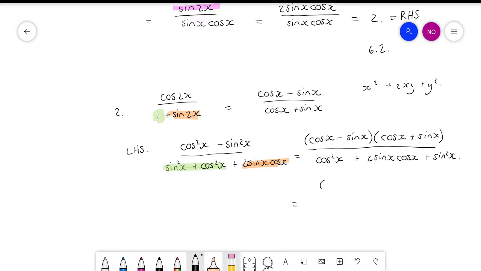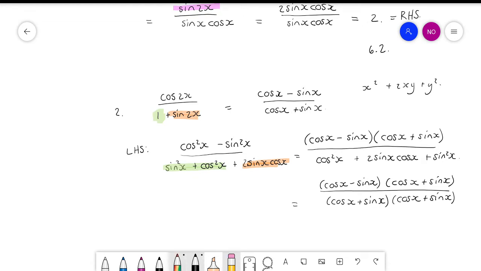In fact, it can be factorized to this. And that's it.